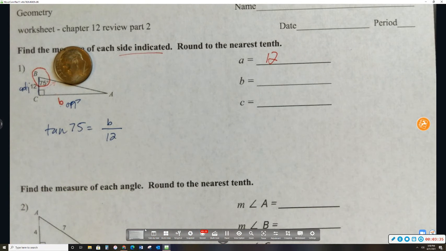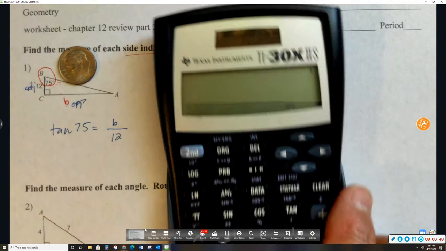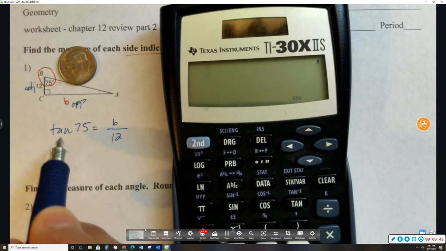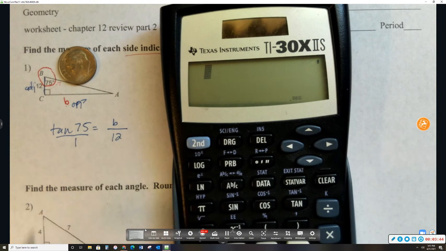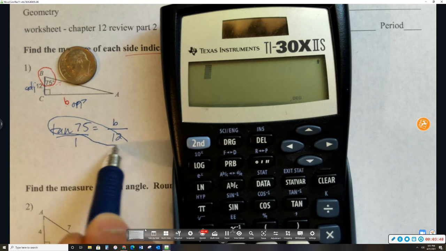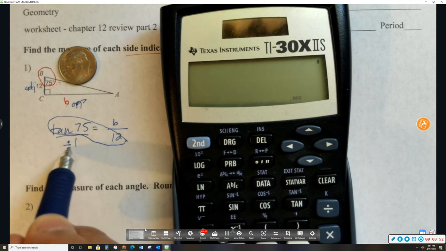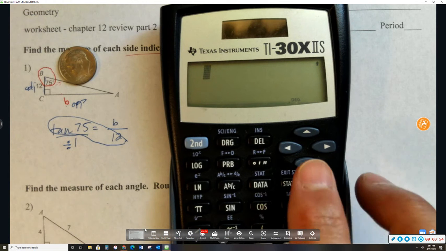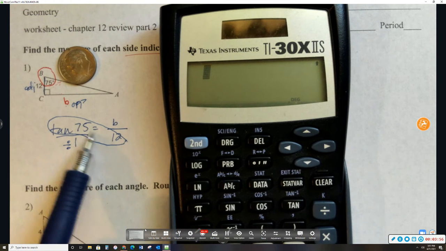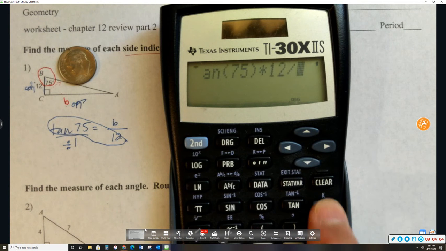That's the equation we need to solve in order to get the value of B. Solving this is simple. Just make it look like a proportion, cross multiply so you don't grab the variable, and divide by what's left over. When we type this in the calculator, make sure you type in whatever's in this bubble first. So tangent of 75 degrees times 12, and we'll divide it by 1.